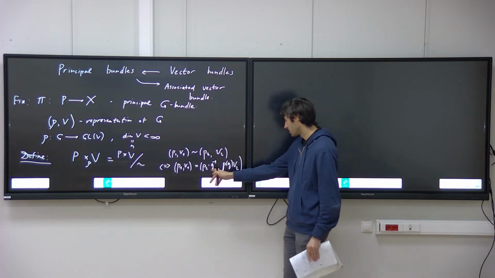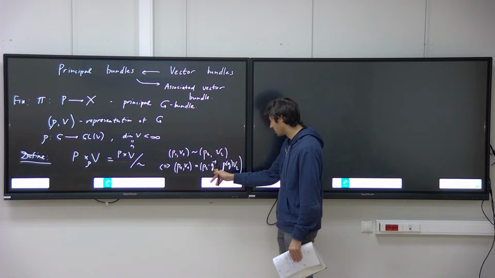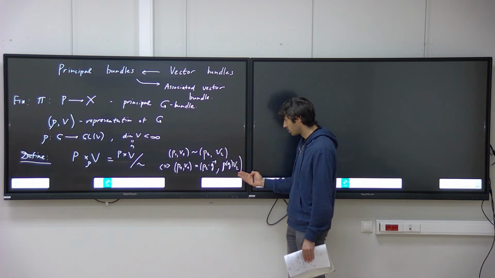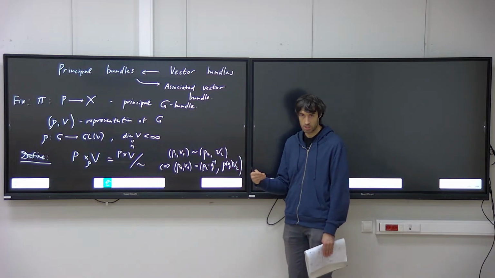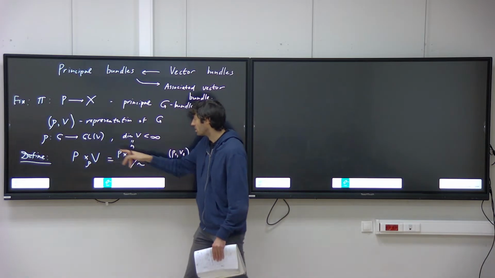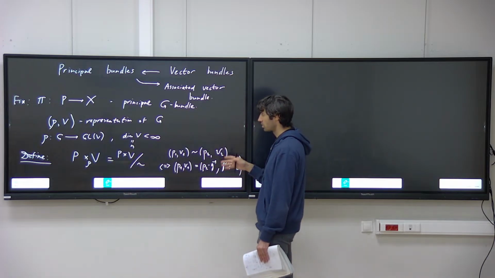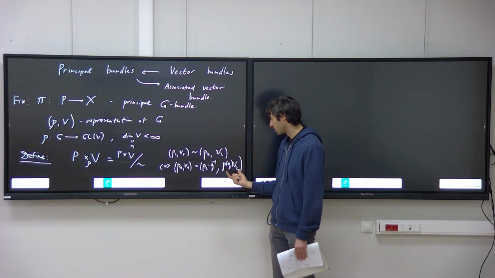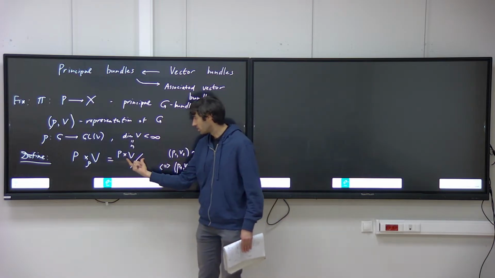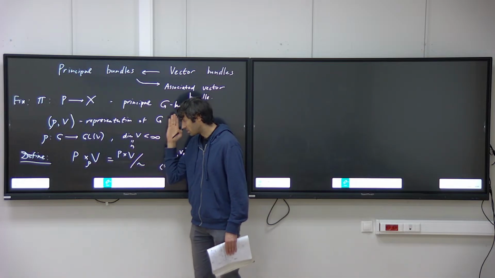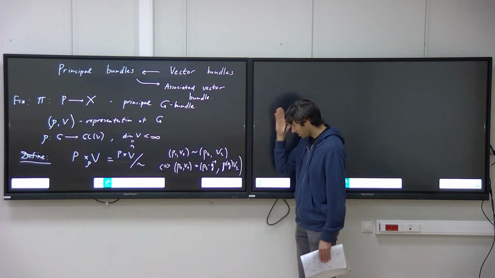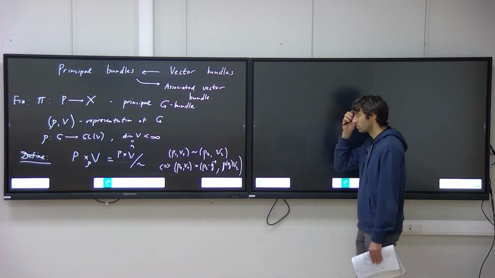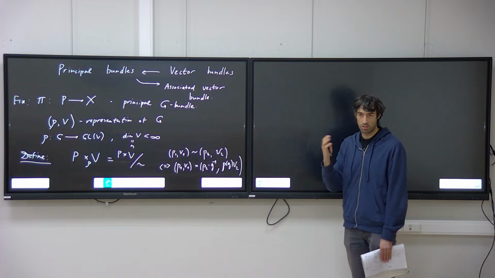So what is going on here? I have an action of G on V, which is a left action, right? This is my action. And I have an action of G on each fiber, which is a right action. And so this gluing is by using the right action on P and the left action on V. It's like you consider a tensor product of left and right modules.